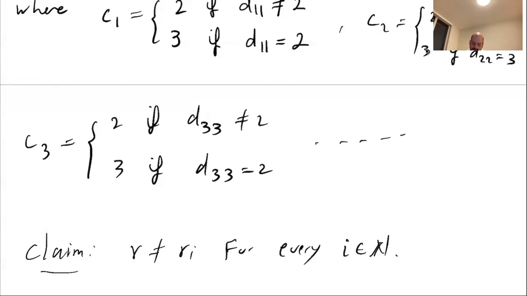And this is a contradiction with our assumption. Our assumption was that every number between 0 and 1 is listed as one of these Ri's. But we found the number R, which is not any of these Ri's, and that is our contradiction.